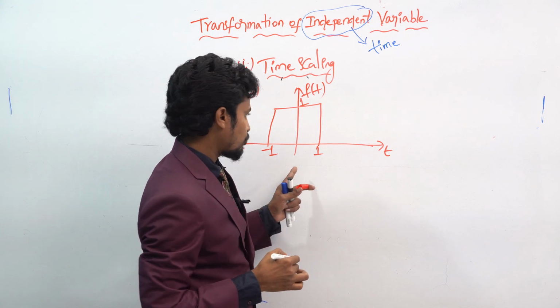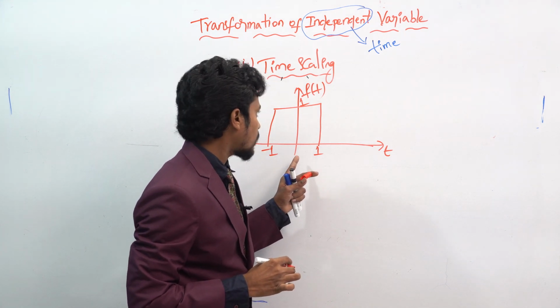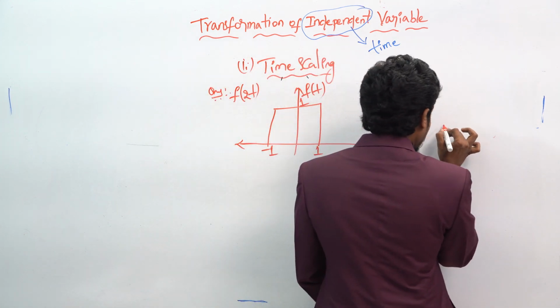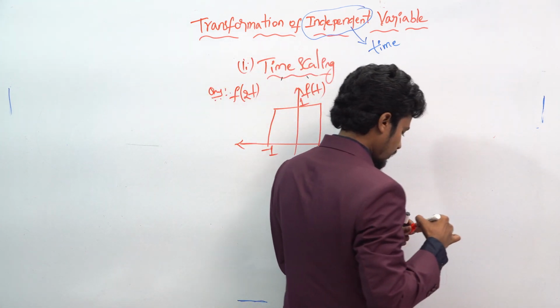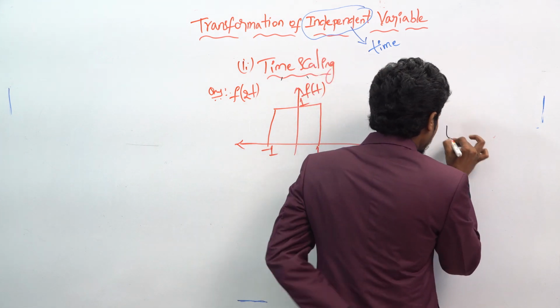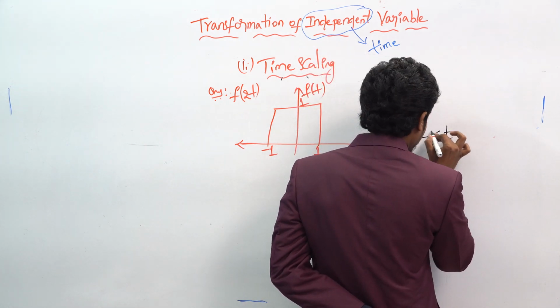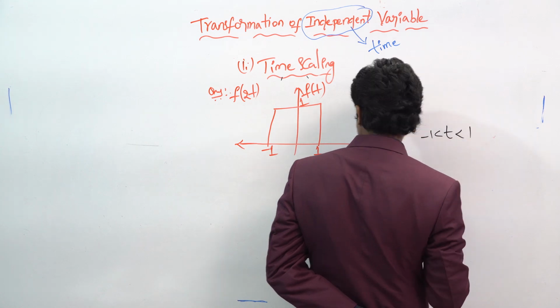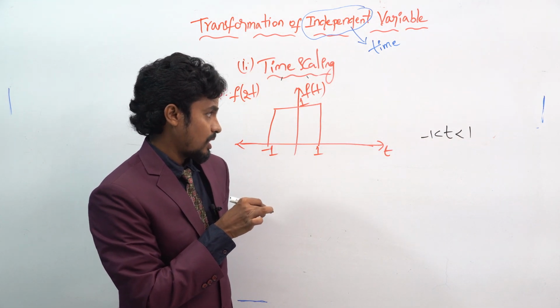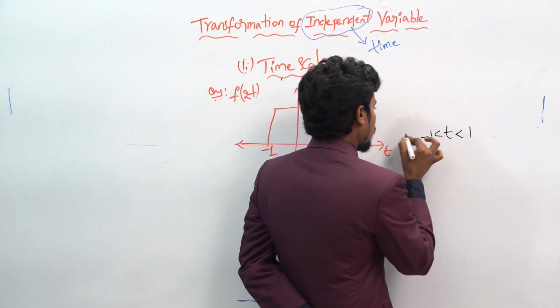If you want to write the representation for this plot, how can you write it? If you take the independent time variable t, t is in between minus 1 to plus 1, and the magnitude is 1.